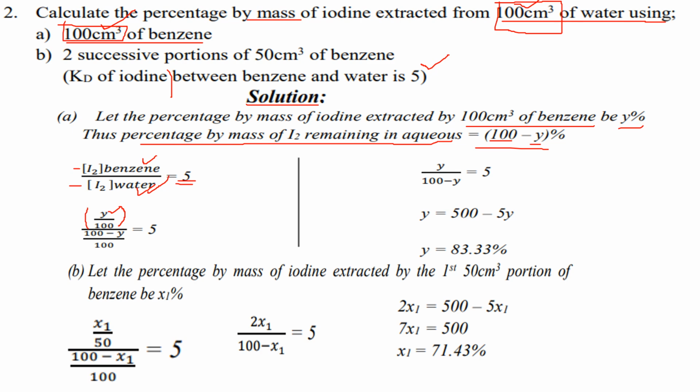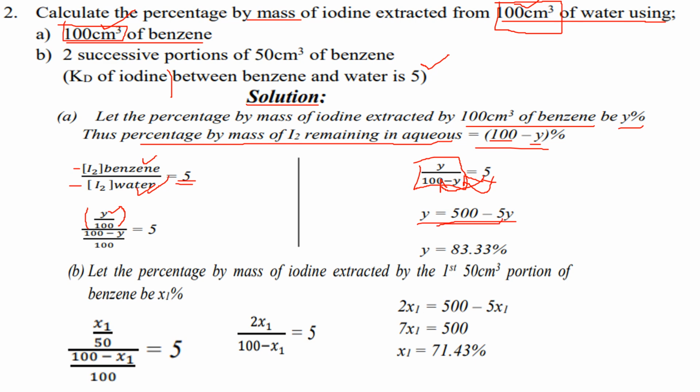So if you do the math, you remain with y divided by 100 minus y, and this will be equal to 5. Then if you cross multiply, 5 will multiply 100, and also 5 will multiply y, and then you have y will be equal to 500 minus 5y.